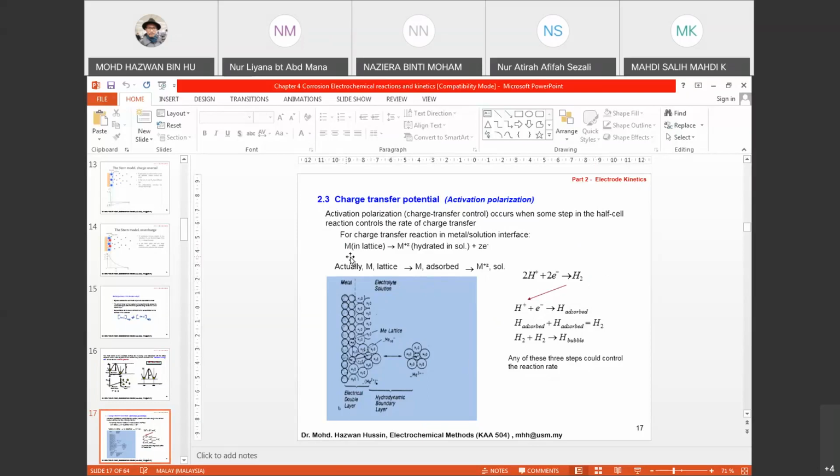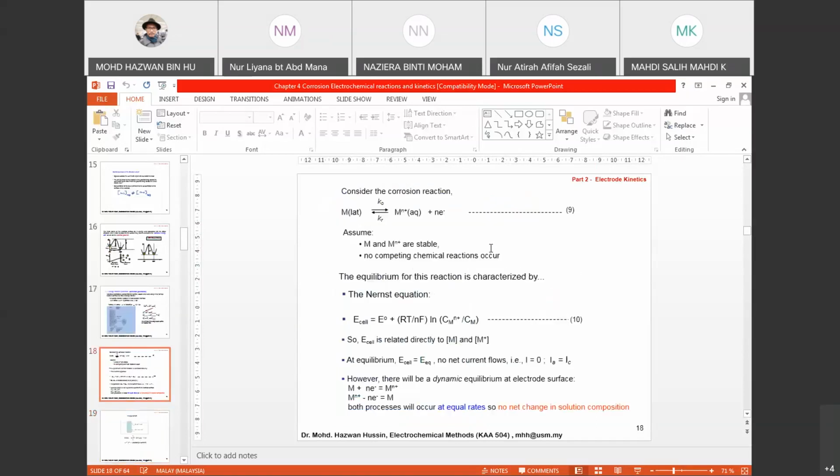If you notice over here, the half equation shows metal in a lattice structure being oxidized and forming hydrated ions in solution. Hydrated means aqueous phase, plus Ze, where Ze is the electrons. So for any polarization step, you should consider a chemical reaction or corrosion reaction.